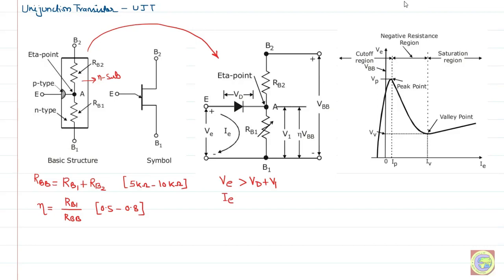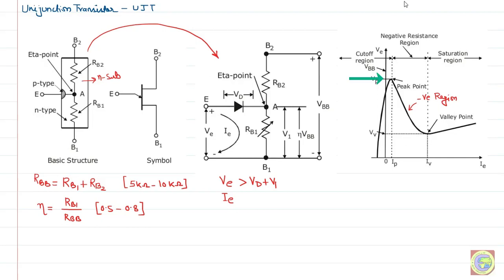Under this condition, the interbase resistance drastically decreases, and this is represented in this diagram as the negative resistance region. This is a very important region where we are going to use this device to generate firing pulses for our SCR.